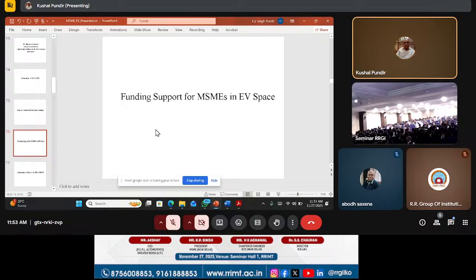Our government is serious about the development of EVs, so definitely we have various supports from the government side. Our government has multiple funding mechanisms: government grants, incubators, SIDBI loans, venture capitals, Startup India seed funds.